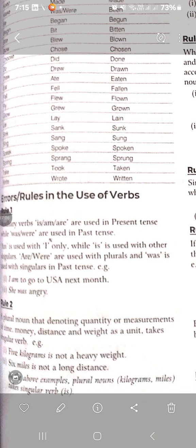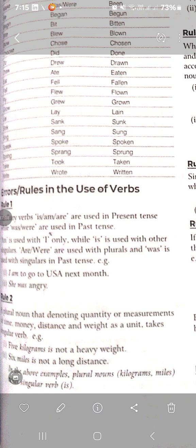Now rule 2: a plural noun denoting quantity or measurements, that is money, time, distance, and weight as a unit, takes a singular verb. For example, 5 kilograms is not a heavy weight. Here you can be confused, because "kilograms" is written with an "s" at the end, so you might think we should write "are" here, but it is not correct.